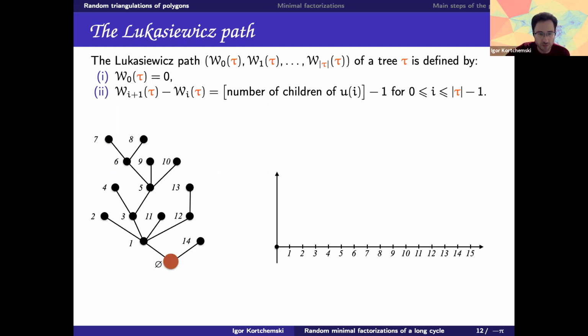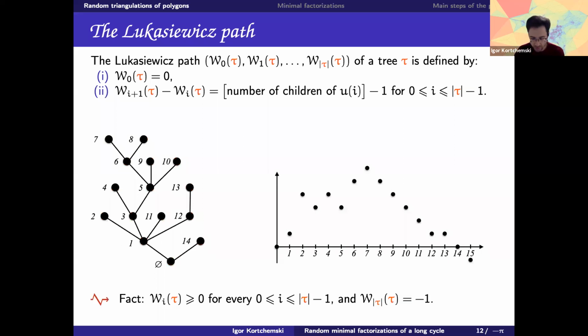Here, for example, the root has 2 children, so we make a jump of size 2 minus 1 equal 1. And we move to this next vertex, which has 4 children, so we make a jump of size 3. The next one has 0 children, so we make a jump of size -1. And so on. And we get an excursion type function, which bijectively codes the tree.